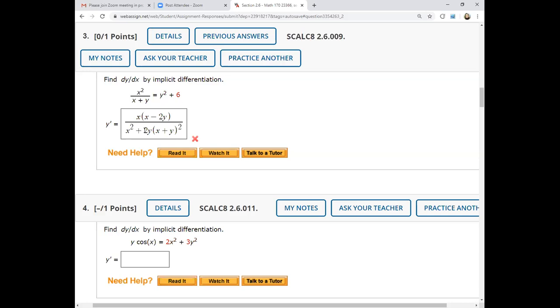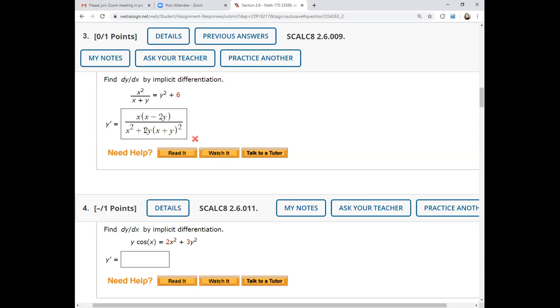I think where I made the error was minus x squared, minus x squared dy dx, over x plus y squared, equals 2y dy dx.